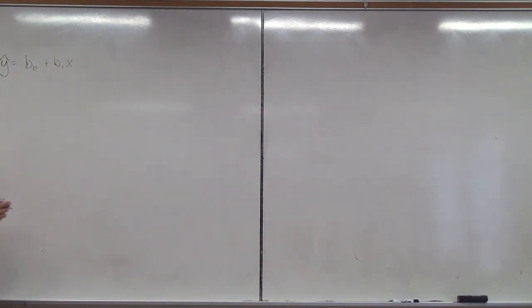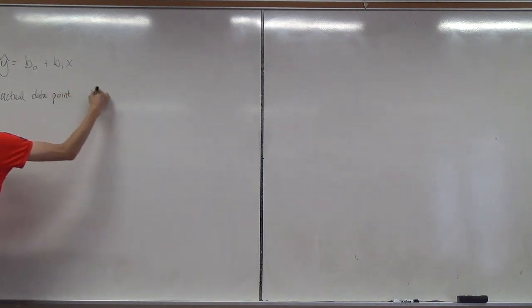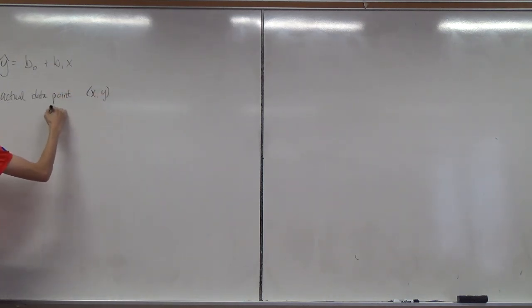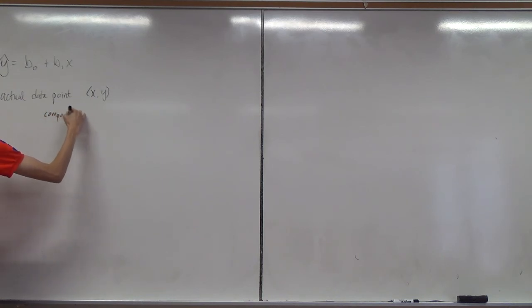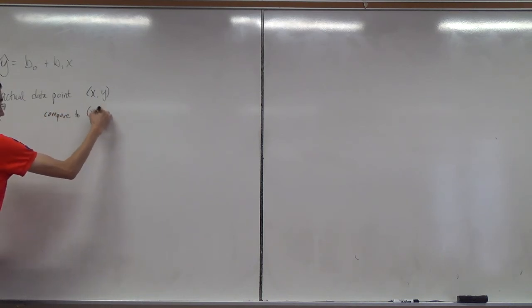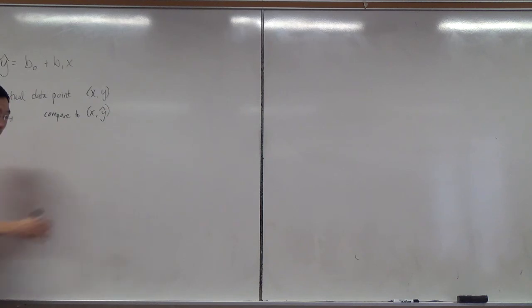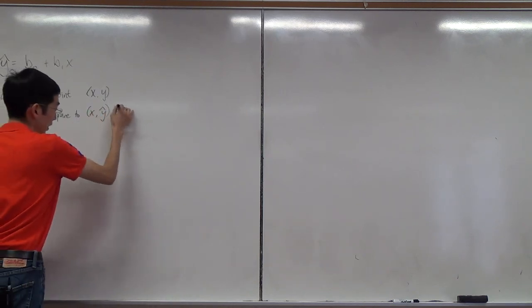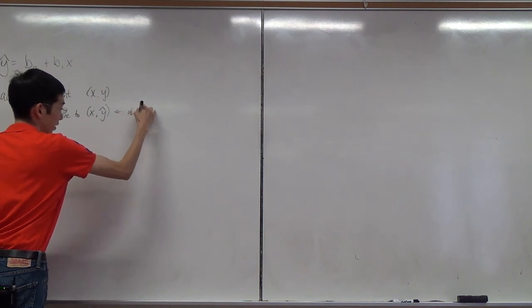If you have an actual data point, it might be x comma y, and you can compare that to x versus y hat. The x, y hat will be along the line.